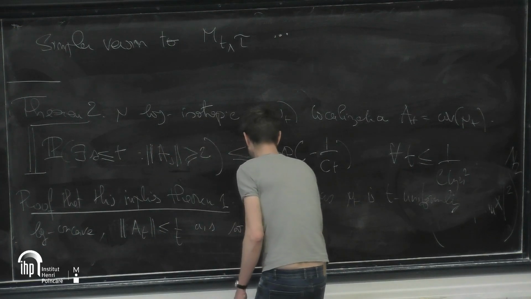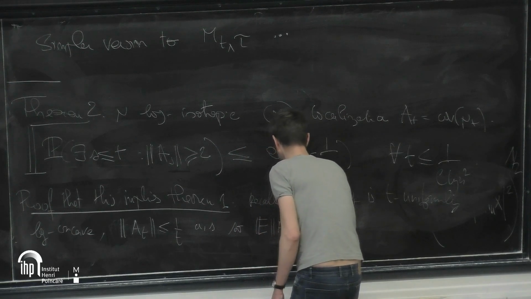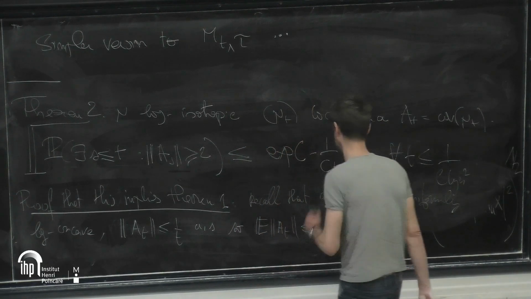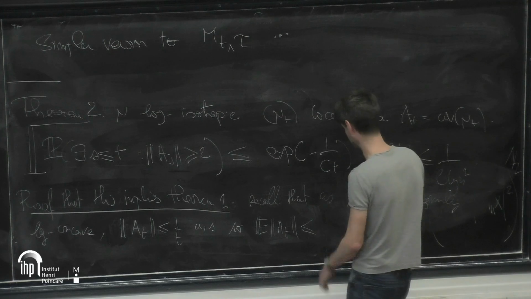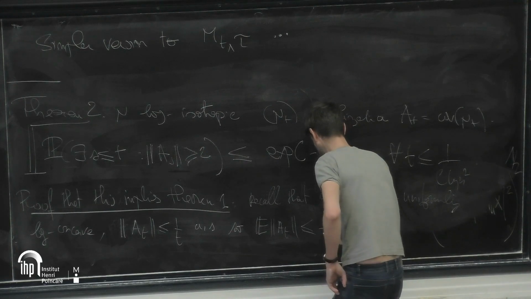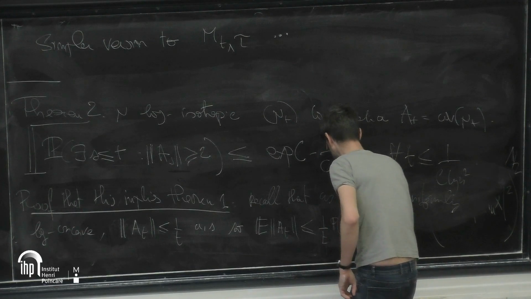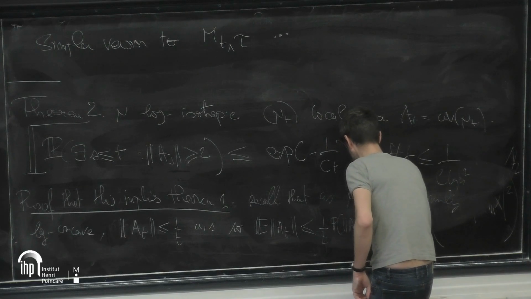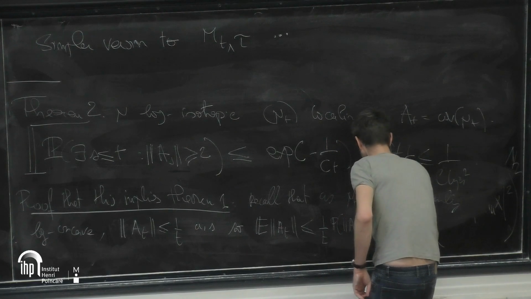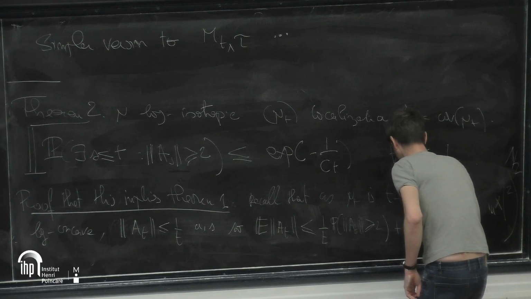So the expectation of AT is less than 1 over t times the probability that AT is larger than 2, plus 2.